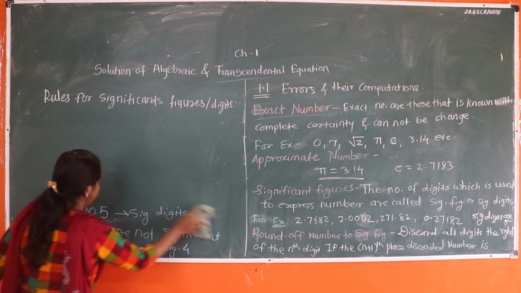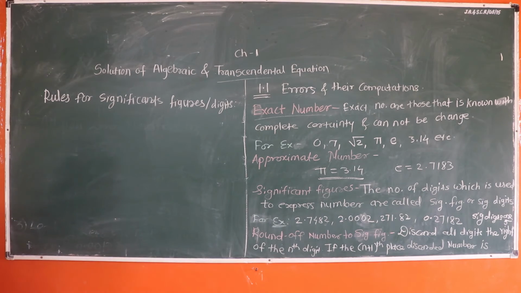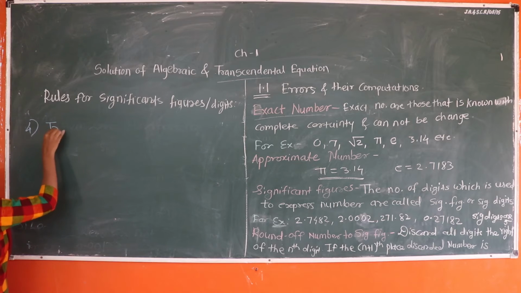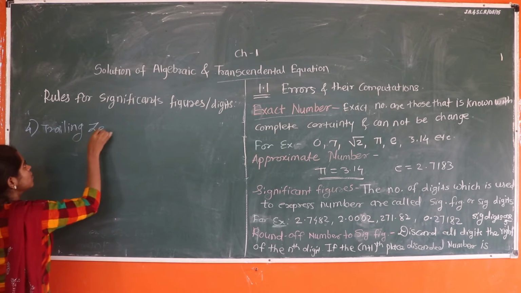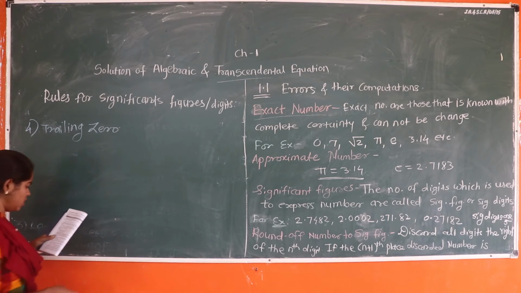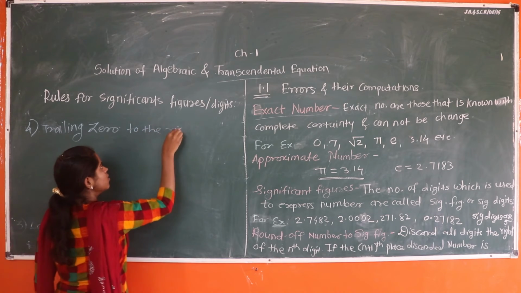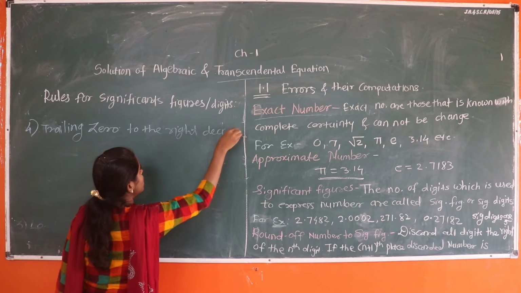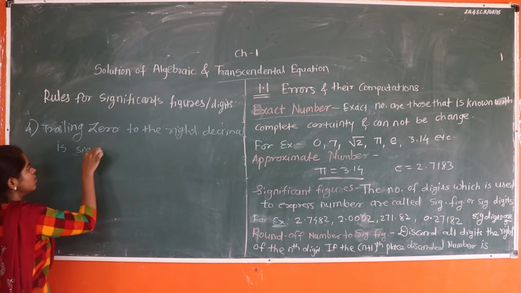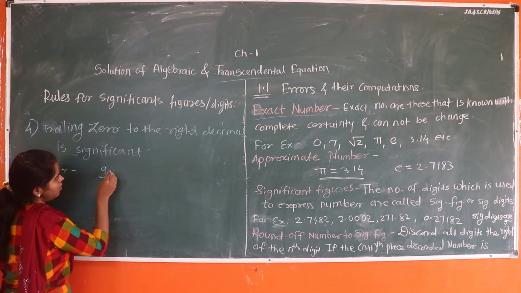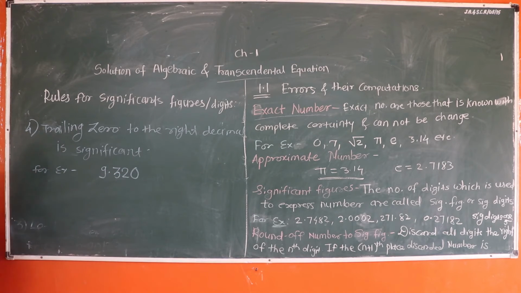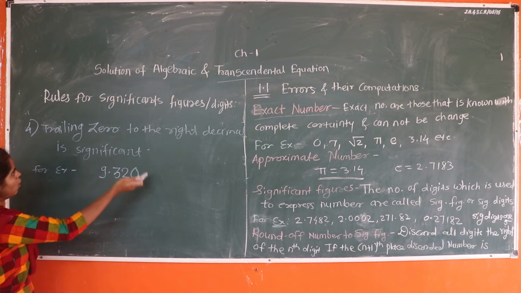Fourth significant rule is trailing 0 to the right of the decimal is significant.